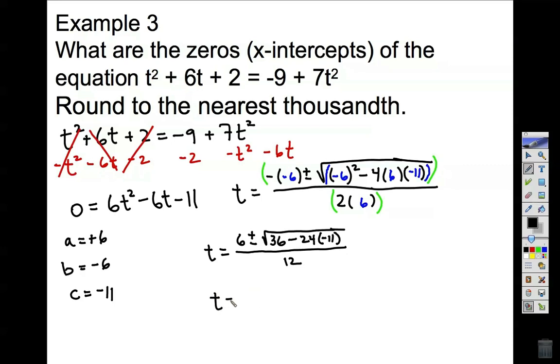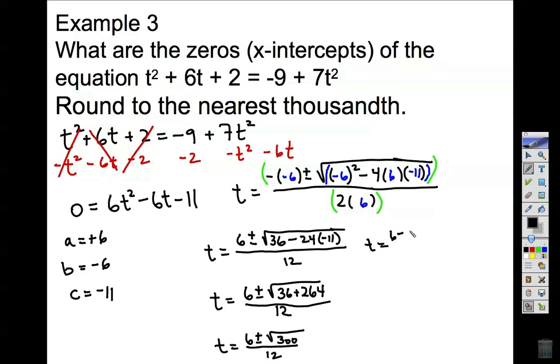So I have t equals 6 plus or minus the square root of 36 plus 264 all over 12. t equals 6 plus or minus the square root of 300 all over 12. Calculator wise, now this is where I would use my calculator.